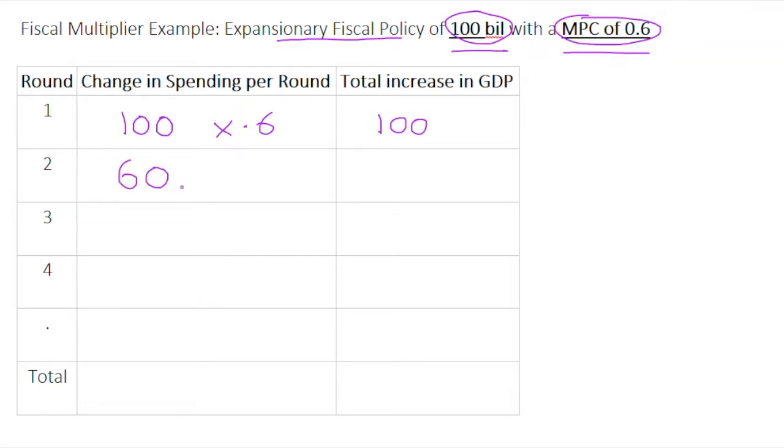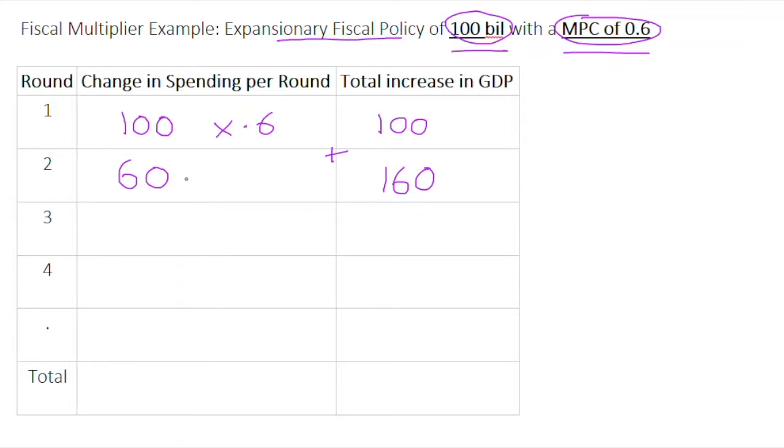So in round two, 60 billion is now generated from additional income here, and the total increase in GDP becomes the 100 billion plus the 60 billion in round two. So now we have 160 billion added to the economy.